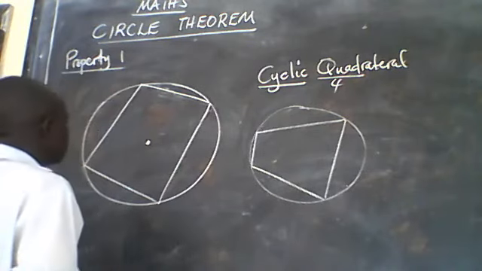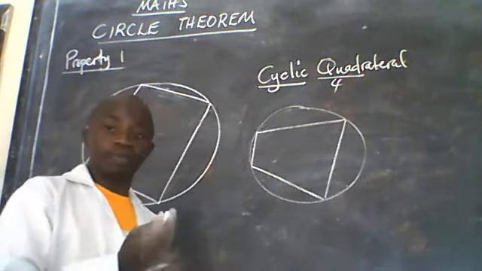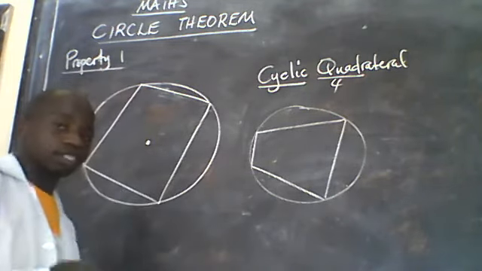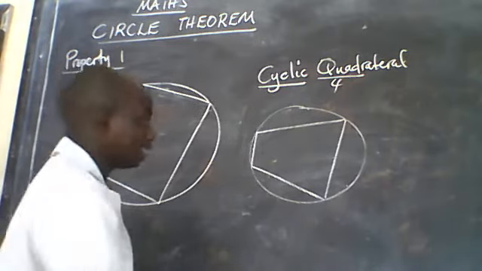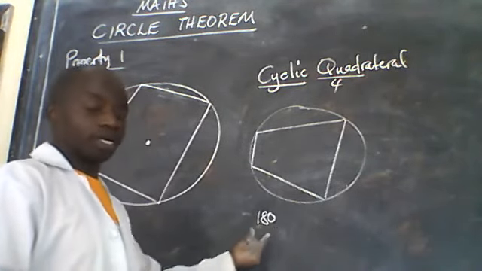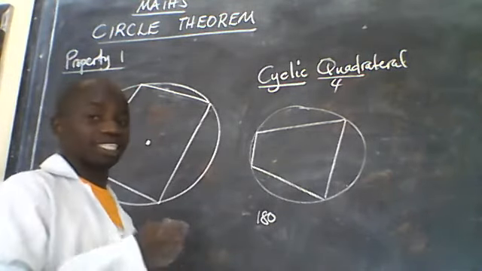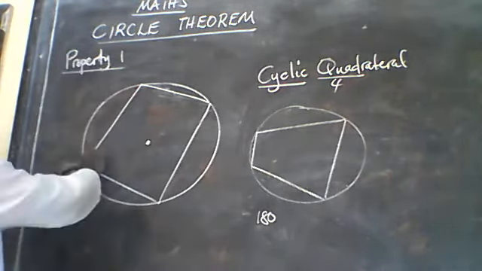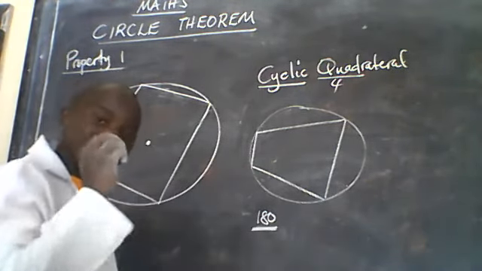The property is opposite angles are always supplementary. Supplementary mathematically means add up to 180 degrees. When I say supplementary, that is 180 degrees. Then we say complementary, that is 90 degrees. So opposite angles always add up to 180 degrees.